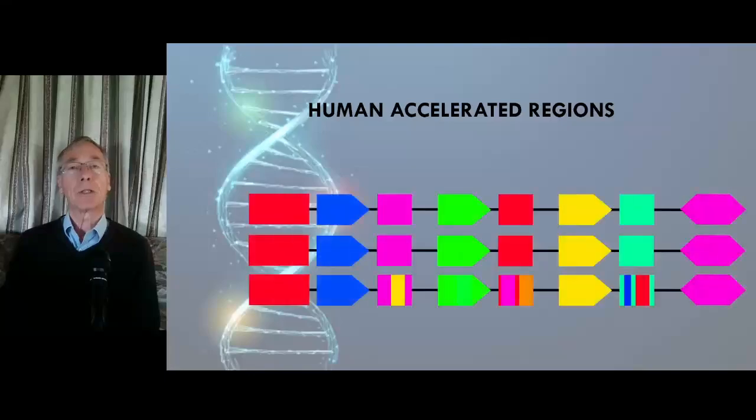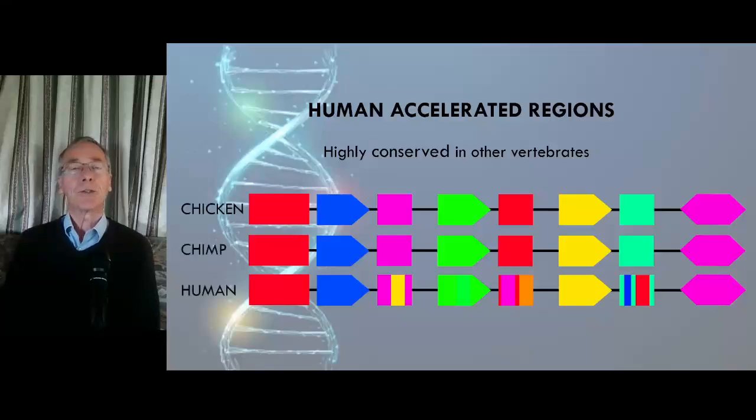So let's have a look at our diagram of the genome again. And here we see there are highly conserved regions in other vertebrates. And we're not actually looking at genes in this case, we're looking at the boxes, which are not genes. These are regulatory regions, not regions which produce genes. And we see that in the chicken, chimp, and human, they are highly conserved.